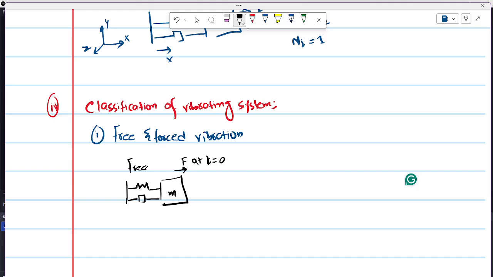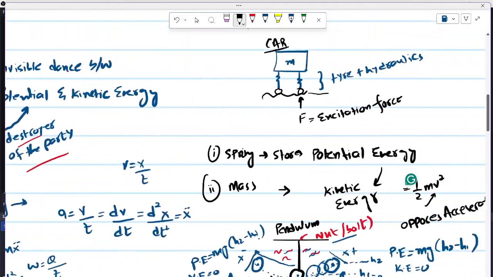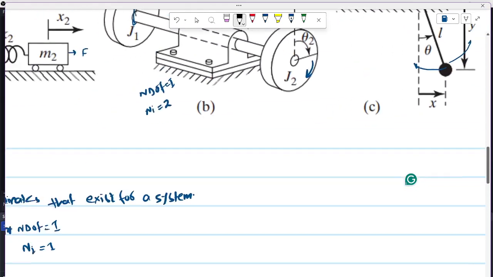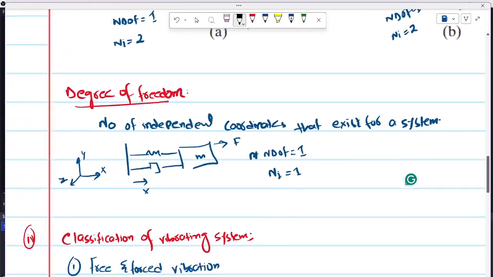So maybe the system will vibrate like a pendulum with damping. It will go from this extreme position to the other one, then it will go back to the first one, then slowly and progressively it will start losing its energy because of the damper, and ultimately it will come to rest at the mean position. The same thing with the free vibrating system.